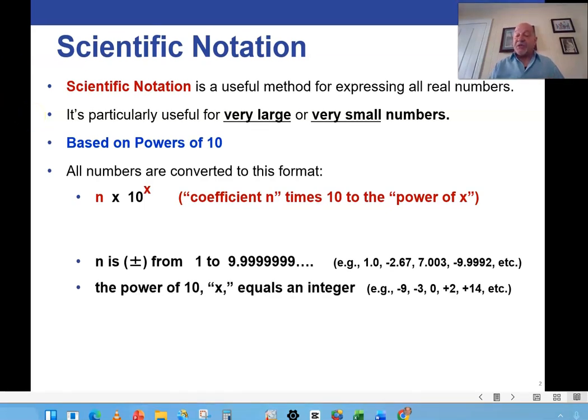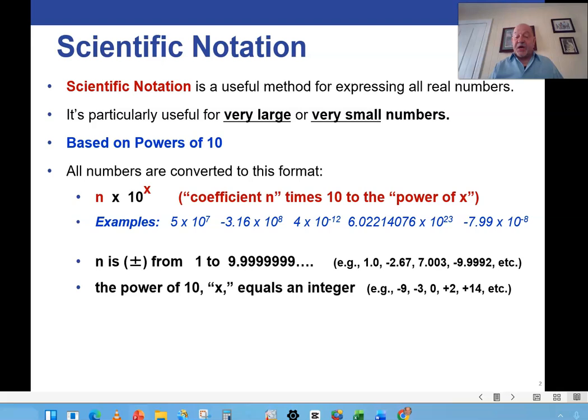X is always displayed as an integer power of 10. In other words, a positive or negative whole number. So negative 9, negative 3, 0, plus 2, plus 14, etc. These could all be x. So examples of numbers in standard scientific notation where the n is between 1 and just under 10 are 5 times 10 to the 7, which is the same as 50 million.